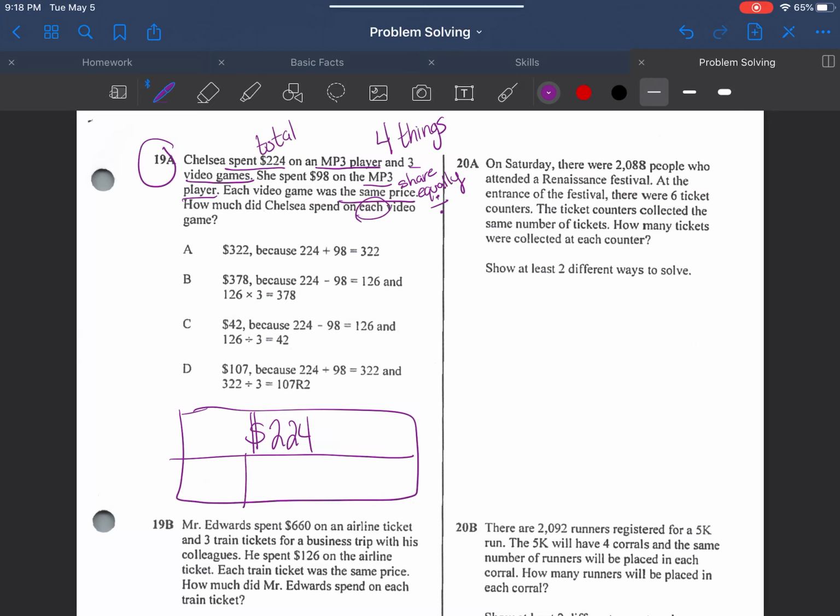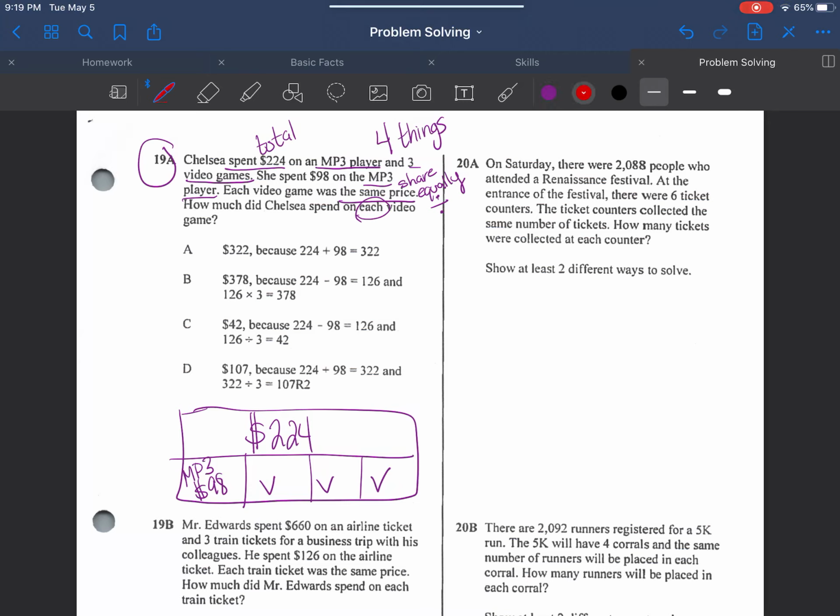And my total spend was $224. From those $224, she bought 4 things. The first one was an MP3 player, and that one was $98.